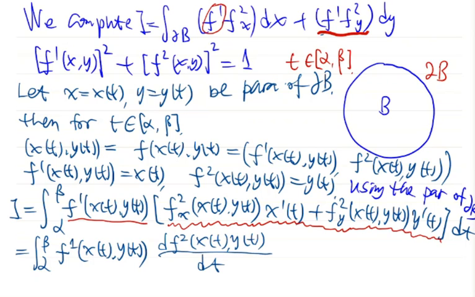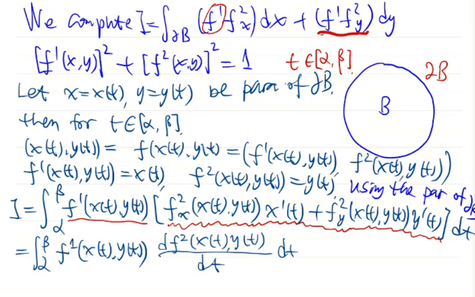Using the chain rule, the sum of the two terms inside the bracket is just the derivative of f2(x(t), y(t)) with respect to t. Of course, we have dt here.